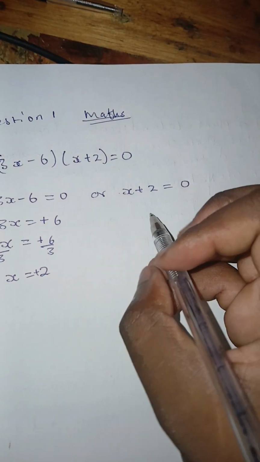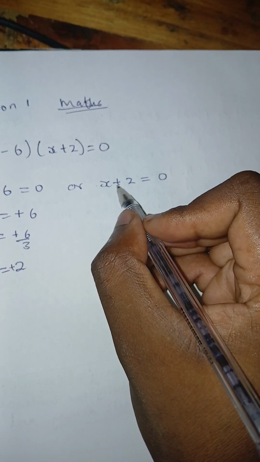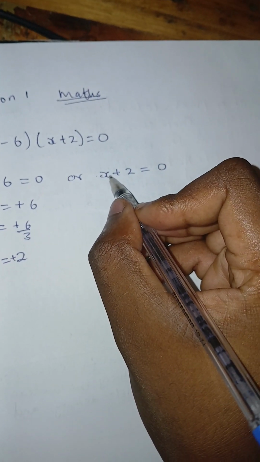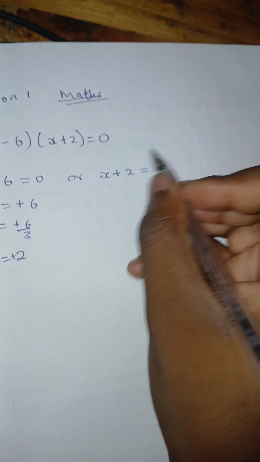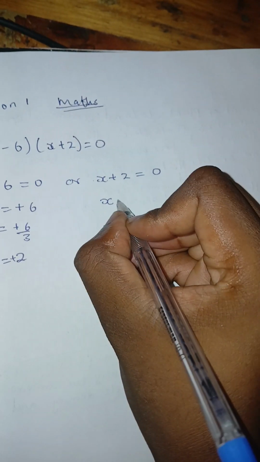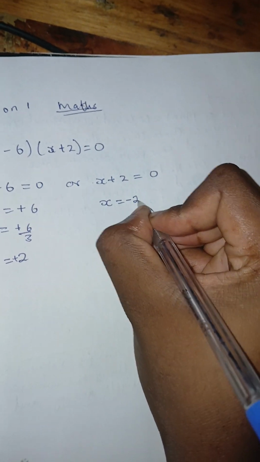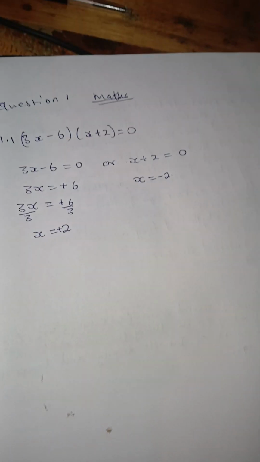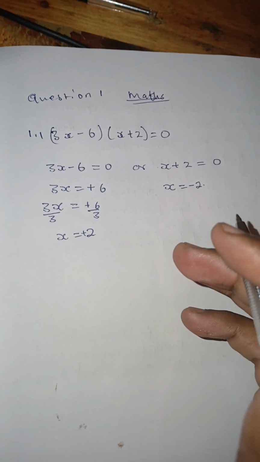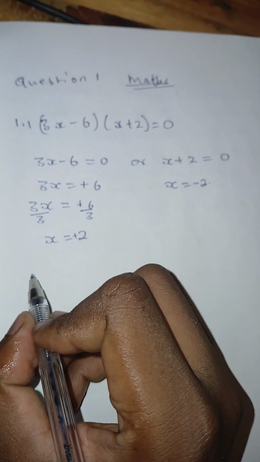When we go to the other side, this one does not have many problems. You can just take 2 to the other side, the sign is going to change, so this will automatically be x is equal to negative 2.